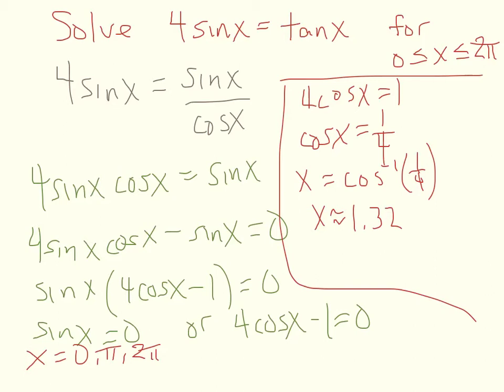So if I draw a sketch here, here's the 1.32 that we just found. The fourth quadrant one will be 1.32 that direction. That is less than 2 pi. So another solution would be x equals 2 pi minus 1.32, or approximately 4.97.